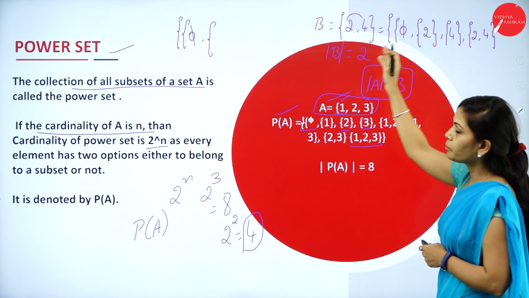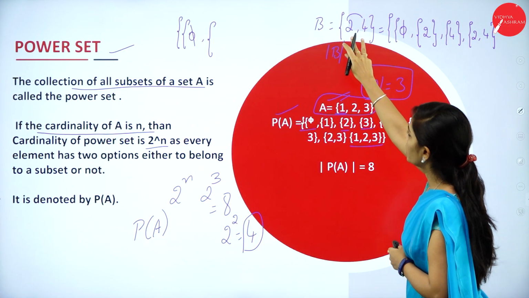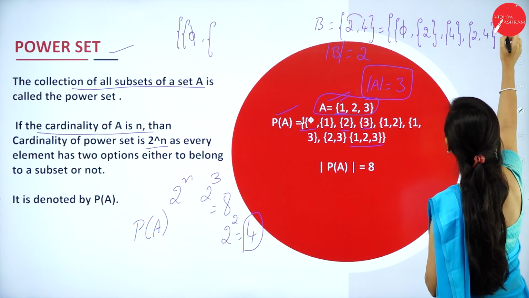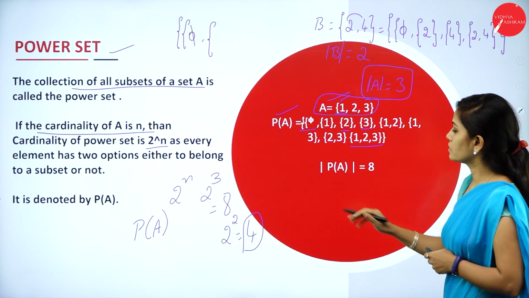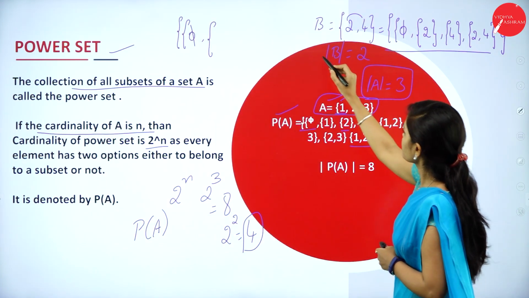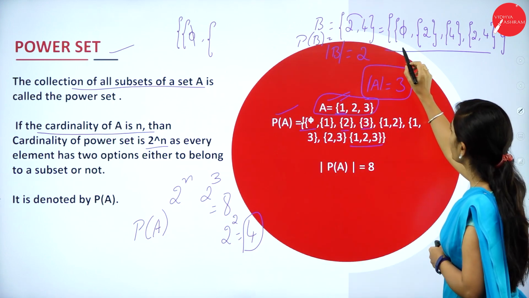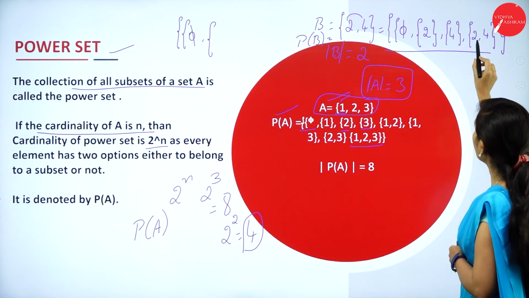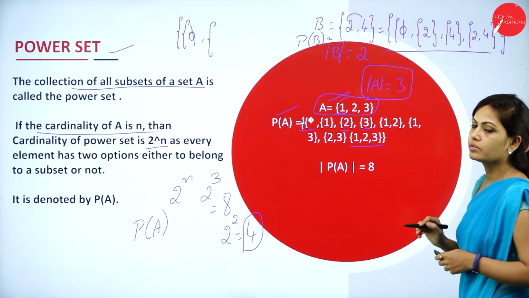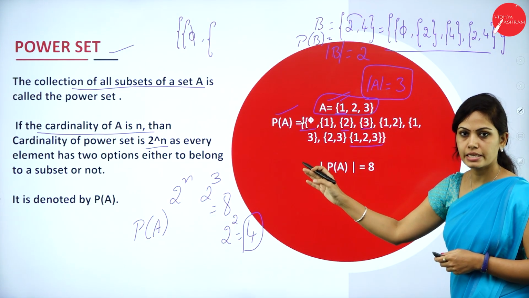Is there any other possibility to compare with a third element? No, I have only 2 elements. So 1, 2, 3, 4, I have completed the 4 elements. So P of B is equal to {null set, {2}, {4}, {2, 4}}, closed with a double curly bracket. This is called the power set.